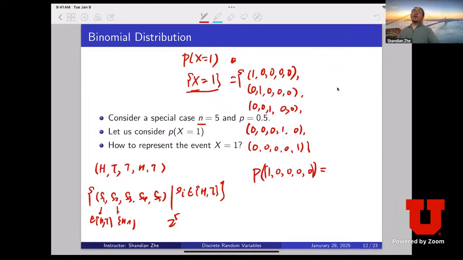But what if we write it in a way that involves the parameter p? Suppose you toss a coin and you have the chance p to see heads. Of course, you have chance 1 minus p to see tails. The p is not necessarily 0.5. Can we come up with a formula to represent the probability of seeing this sequence? Any thoughts?